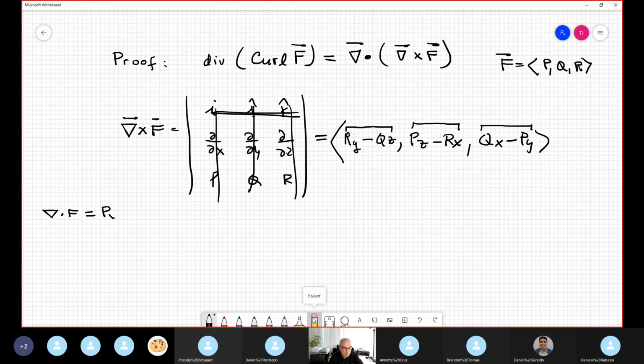It is P x plus Q y plus R z. But this is my P now, so don't confuse it with this. This is my big P. Now you differentiate, in order: R y x minus Q z x. I did that part.